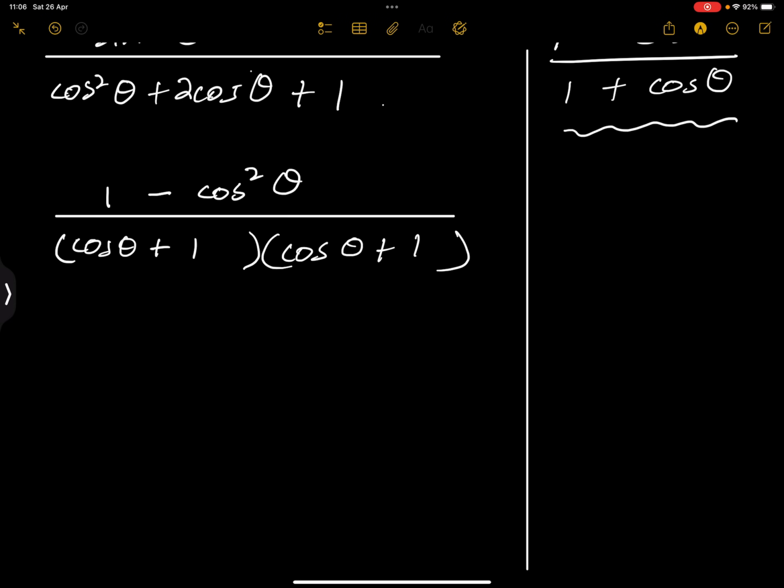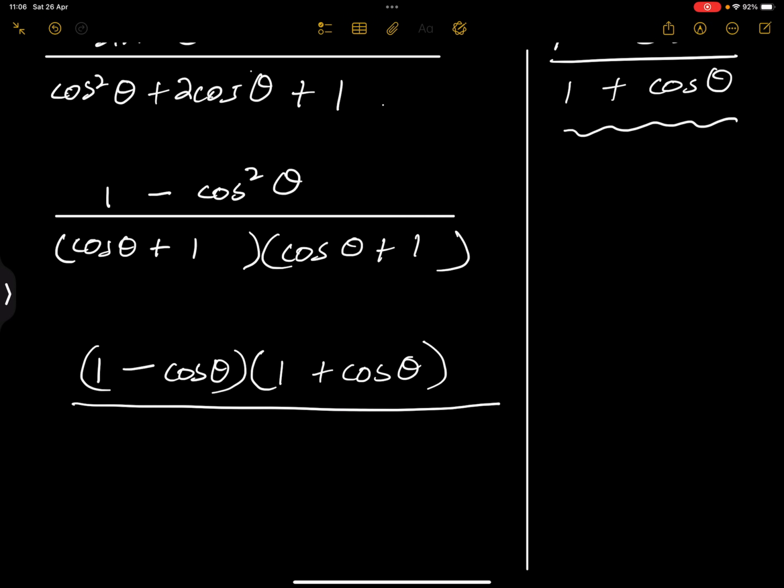So that will give me 1 minus the cos of theta, times 1 plus the cos of theta. Remember, anytime you are factorizing the difference of squares, it will be the square root of the one and the square root of the other in different brackets with different signs in between them.